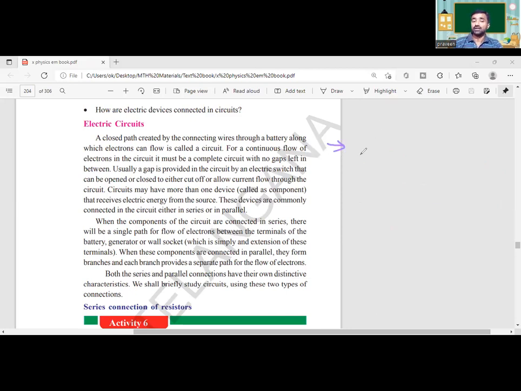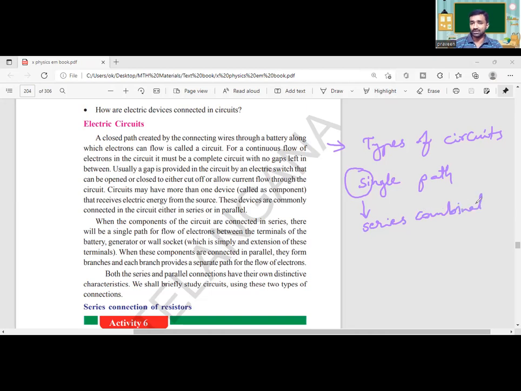Now we are trying to understand the types of circuits based on the connections. If you maintain only a single path, that is called, simple to remember, it starts with S, so I am giving the name for the single path: series combination.